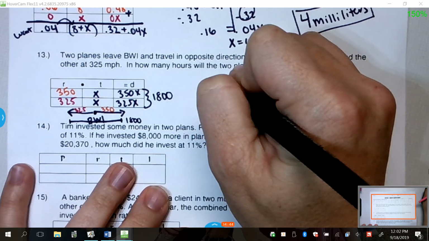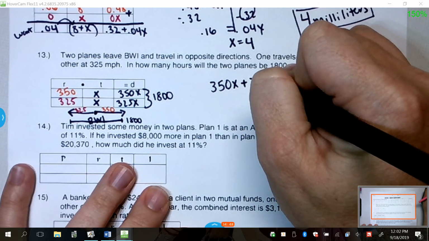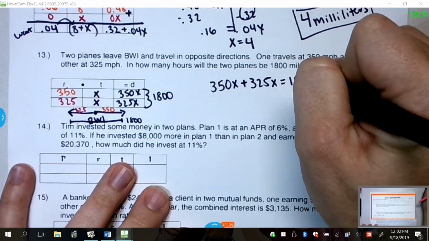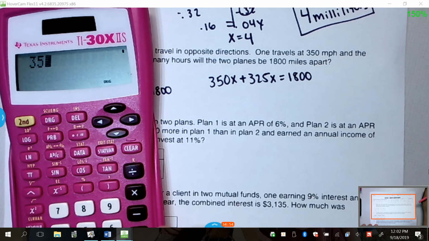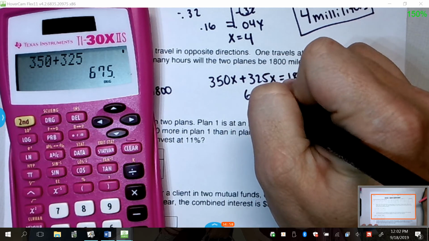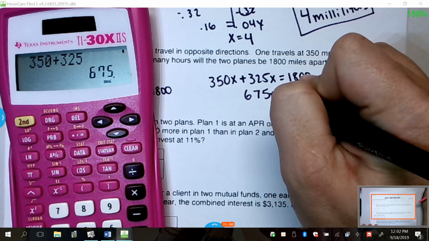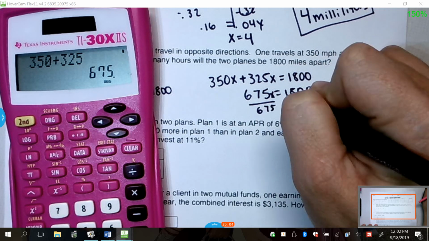So 350x plus 325x equals 1,800. So that gives me 350 plus 325 x, divide by 675.